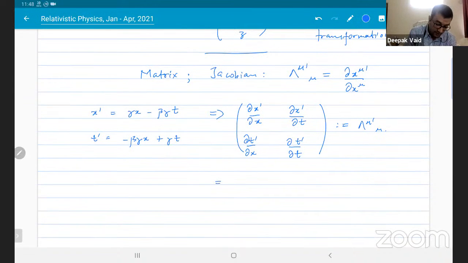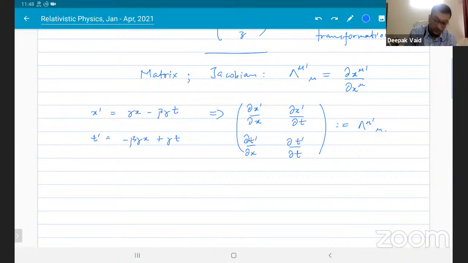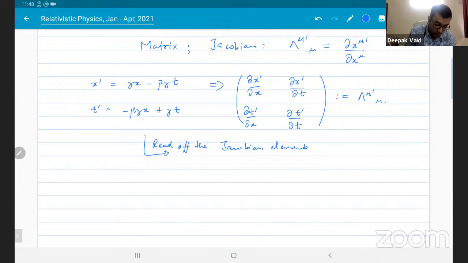And we can read off what these elements are just by looking at this. So the derivative of x prime with respect to x is what? Gamma, right? So we can just read off the Jacobian elements. And what are they?